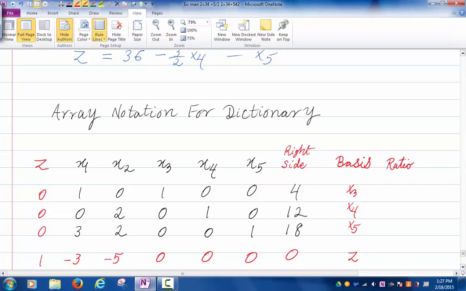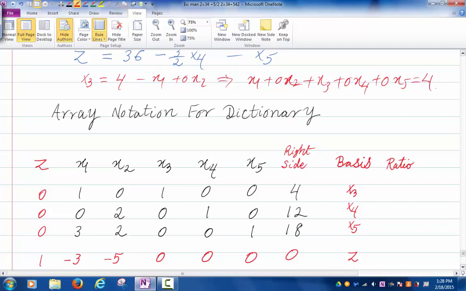Maybe let me write it down here. In my first dictionary, I'm going to rewrite the first equation this way. I have x3 is equal to 4 minus x1 plus 0x2, right? And I'm going to rewrite this as x1 plus 0x2 plus x3. I don't have x4, but I'm going to write 0x4 plus 0x5 is equal to 4.